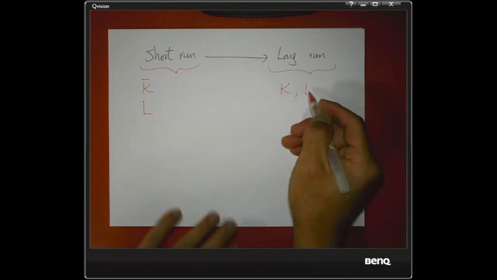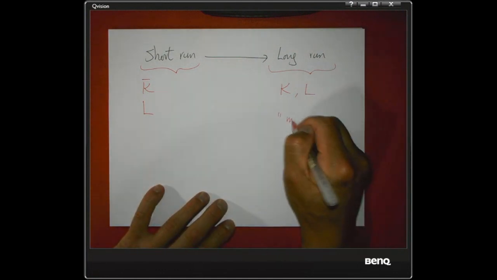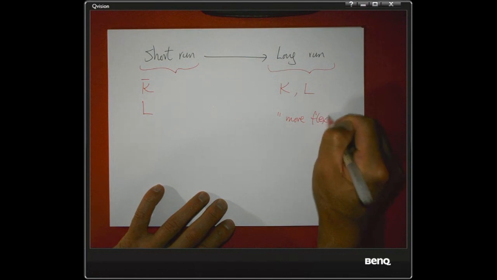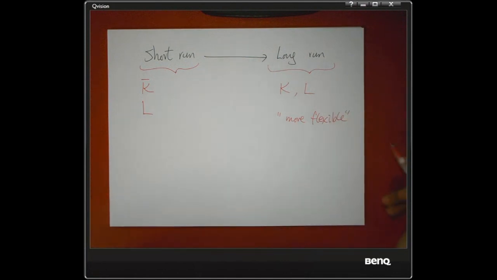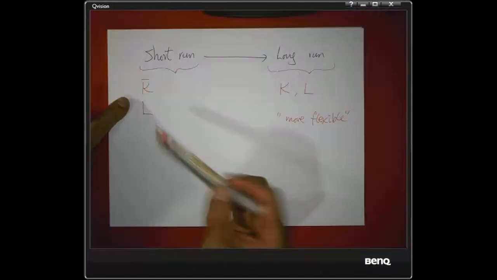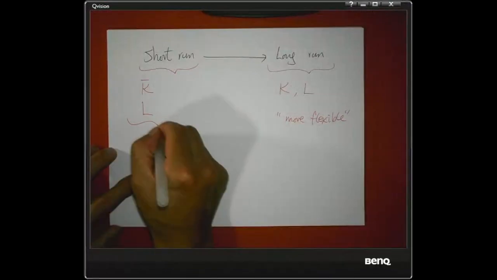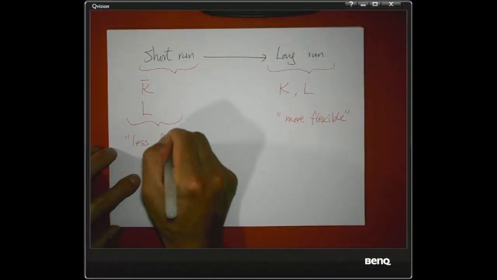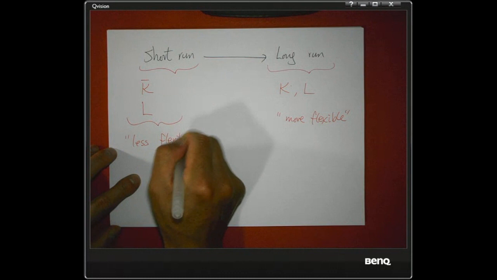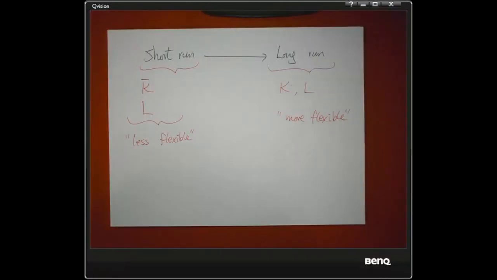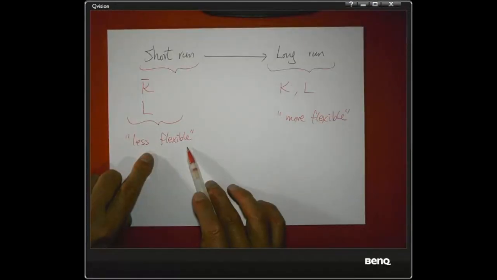In other words, in the long run, it is more flexible, because in the long run, firms would have enough time to change. In the short run, that means it is less flexible. Imagine the difference between these two.